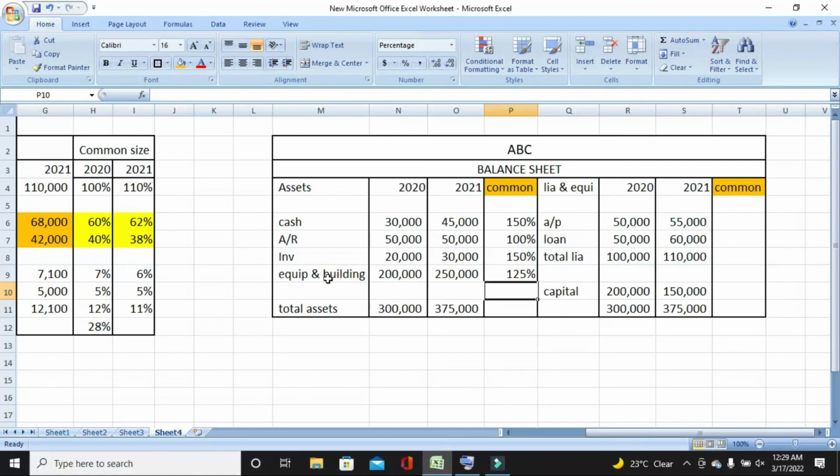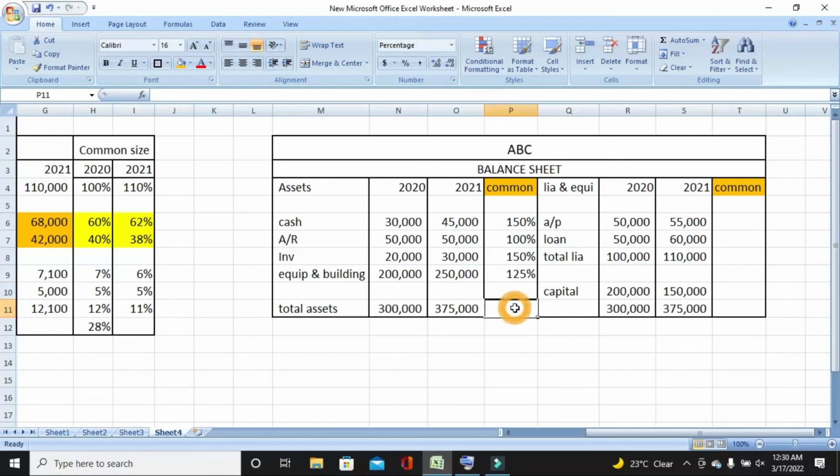For making 100 rupees of sales, now we require 2,50,000 in our equipment balance. But this figure was 2 lakh in 2020. So in 2021, we required more assets to make a similar sale.